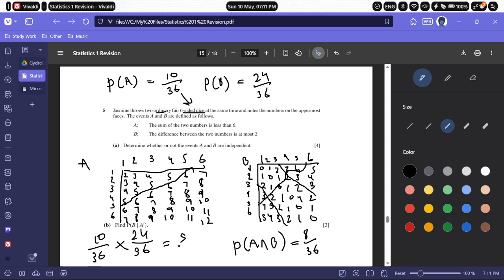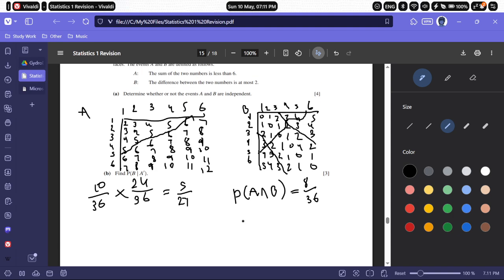This 5 over 27 will not be equal to 8 over 36. So that's why it's not independent.